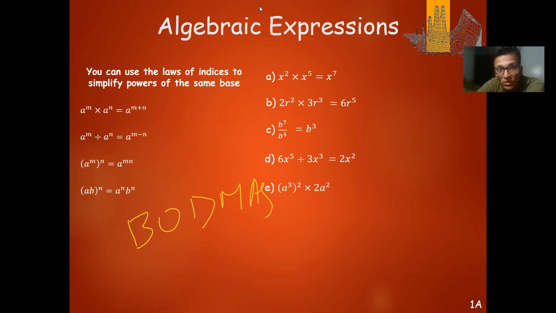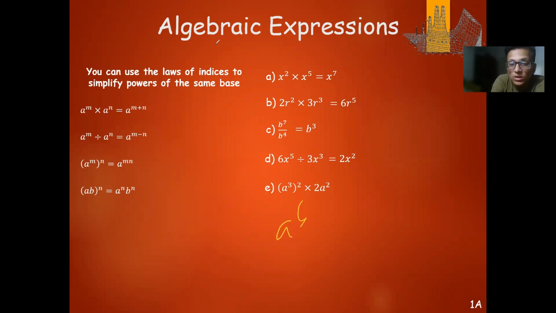So we will look at the bracket side of this expression, which is a power 3 whole power 2. So this whole expression will first equal a power 6 multiplied by a power 2. And then using the first law, we will be left with a power 8.